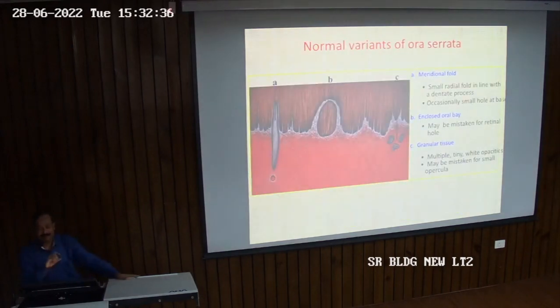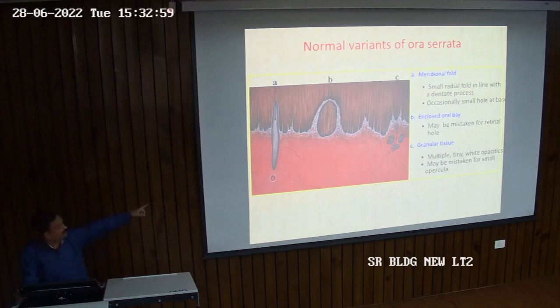This is a picture of the ora serrata where you can find these normal variations. You can have meridional folds, which are small radial folds in line with these processes and structures known as dentate processes. In line with that process you can have a meridional fold, or you can have an enclosed oral bay.